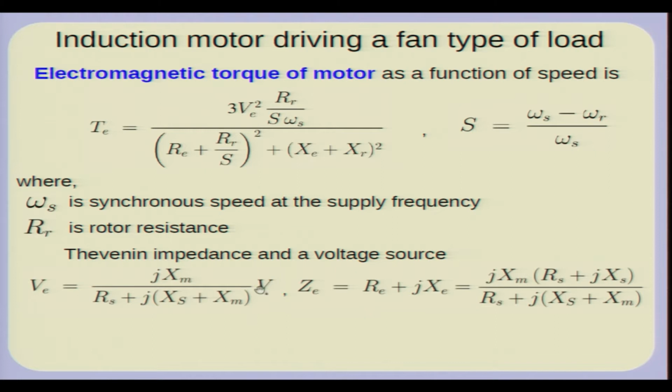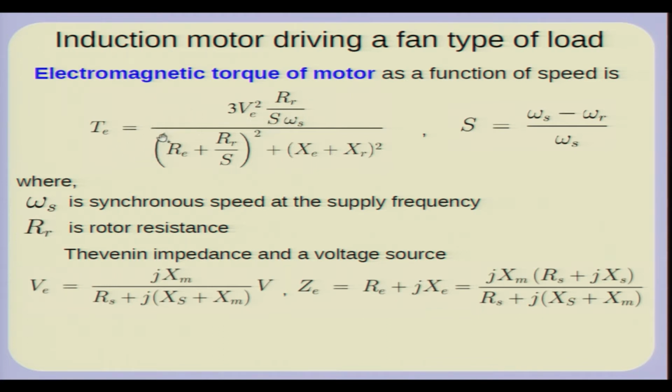Slip is defined as omega s minus omega r by omega s, so slip is equal to 0 when omega r equals omega s. If slip is equal to 0, the torque will have some value, but it depends on how you compute it; you have to take the limit s tending to 0.